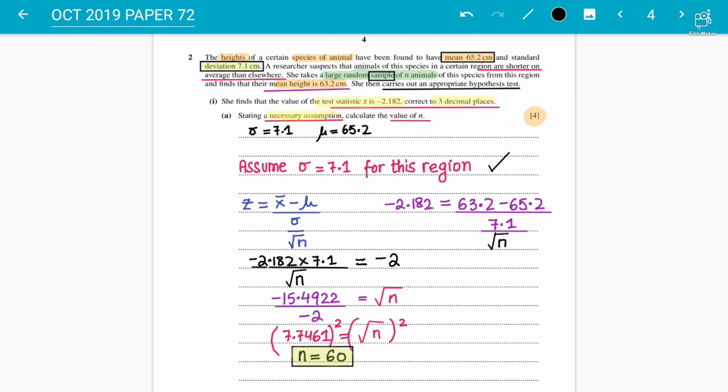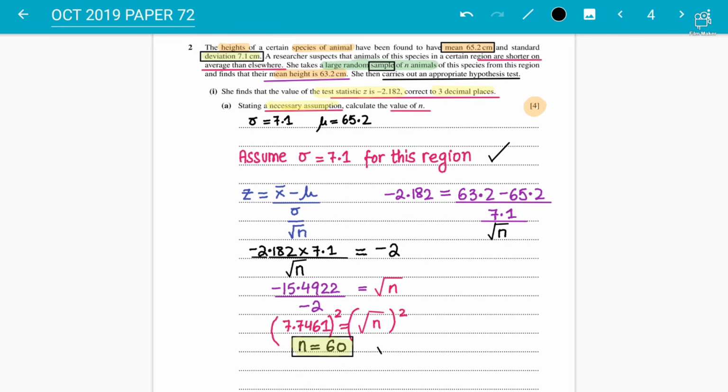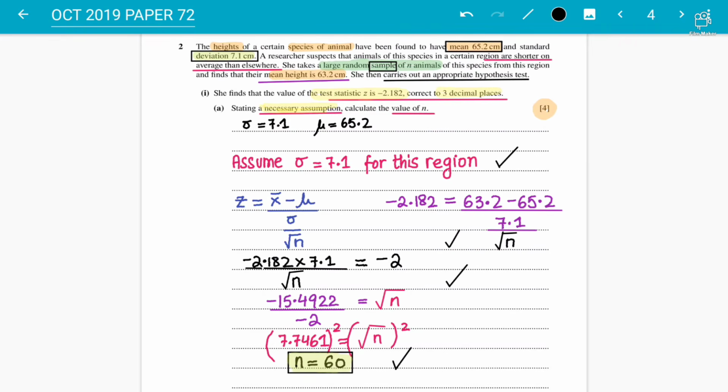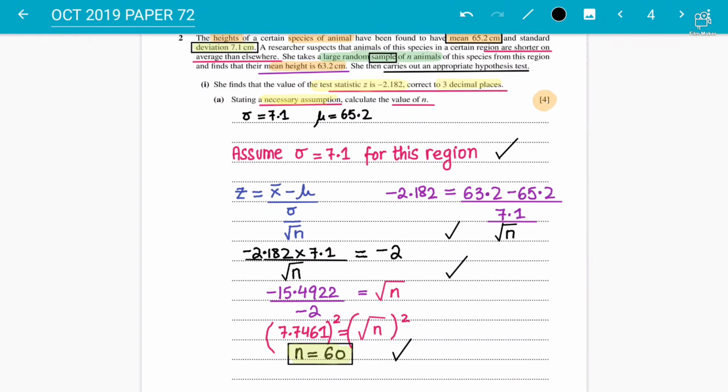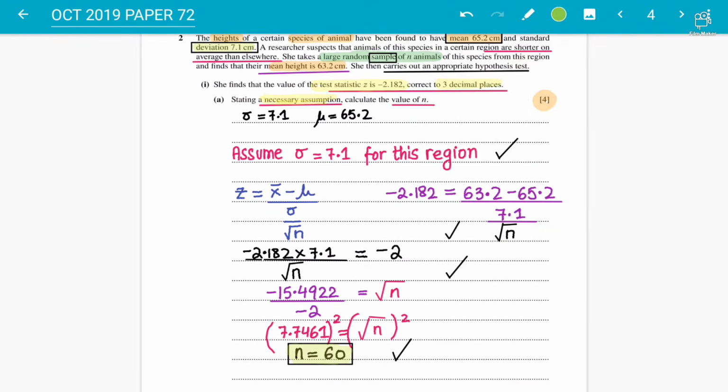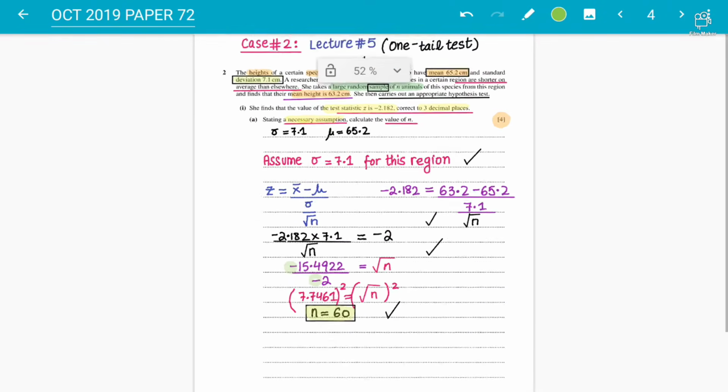Definitely 1 mark for the assumption, whatever assumption you tell. 1 mark for the n value. 1 mark for the final answer, the test value, and the remaining 2 marks are for solving and getting them correct. Have you done the calculation correctly for the n value, multiplied properly, divided properly, cancelled out the negative. So the more working you show to the examiner, the more marks you get, students.